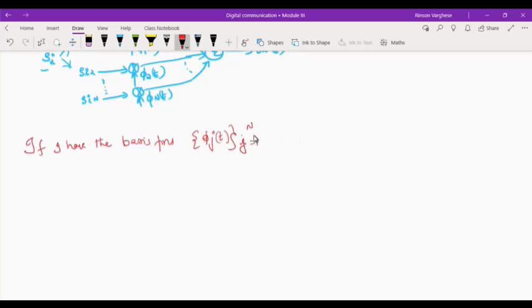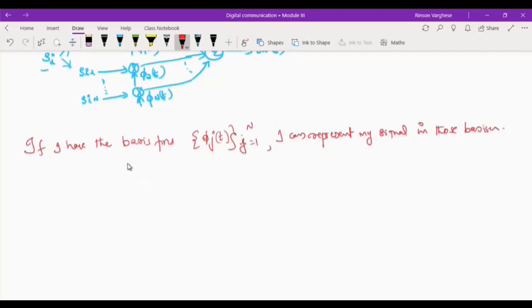I can represent my signal in those bases.